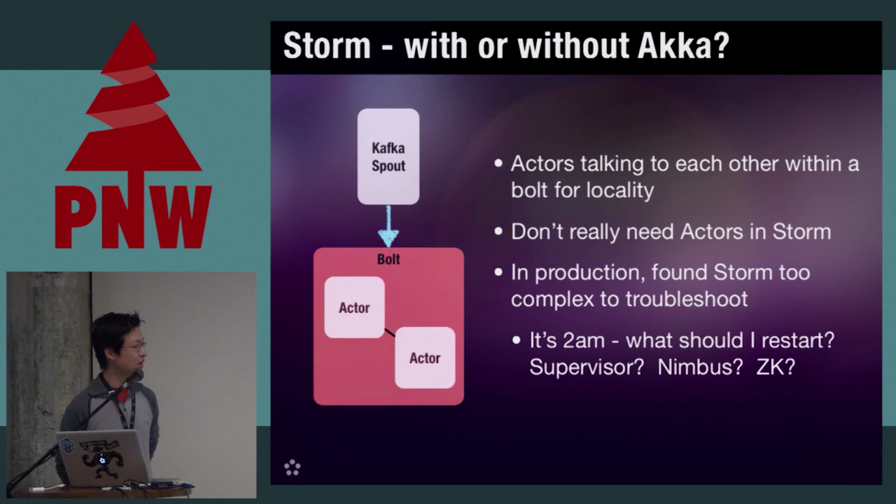You see that on every node, Storm has a supervisor process. Then it spins up several worker processes. In addition to that, it has a single master called Nimbus. And then there's Zookeeper. You're not really sure what is going wrong, so you start restarting services. You restart Zookeeper, which you shouldn't do. You restart Nimbus. You restart the supervisor.